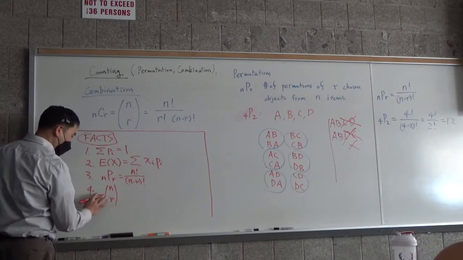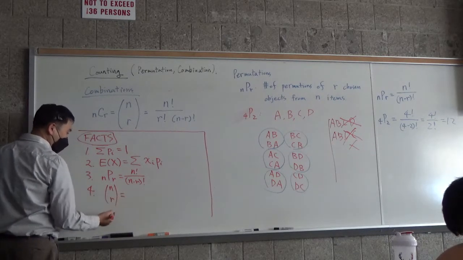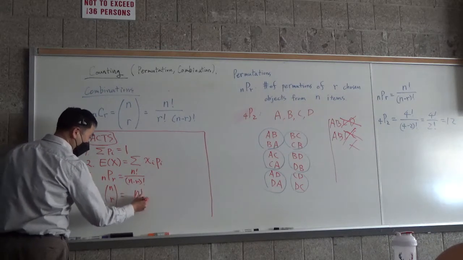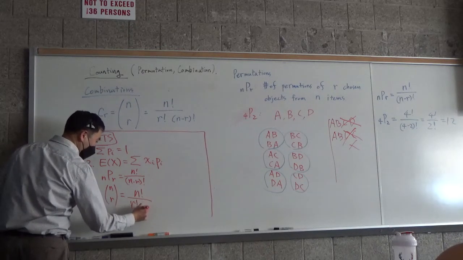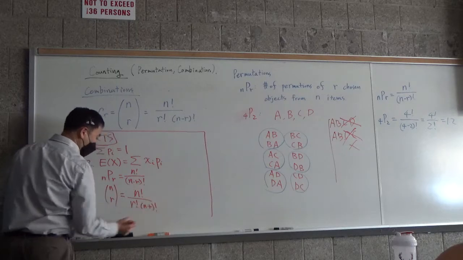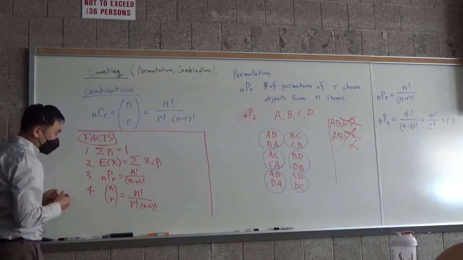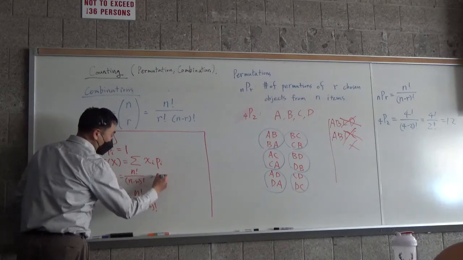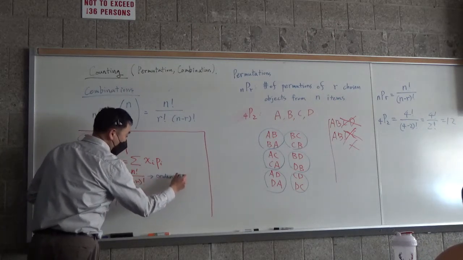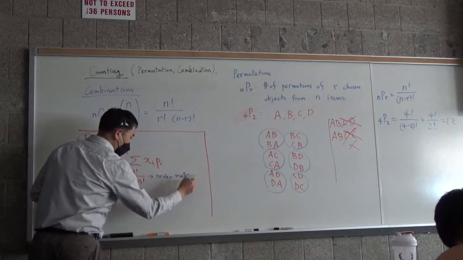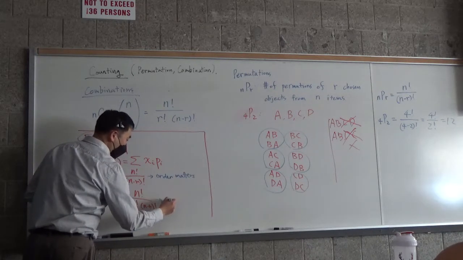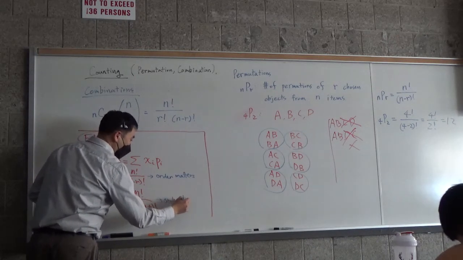This is the more prevalent form I'll write. And that's n factorial divided by r factorial times n minus r factorial. And the important distinction here is that for this one, order matters, but here, order does not matter.